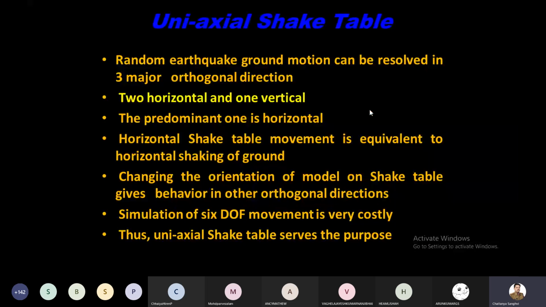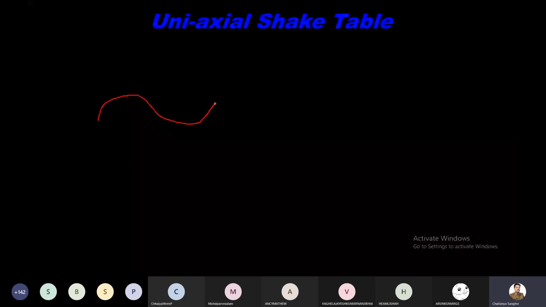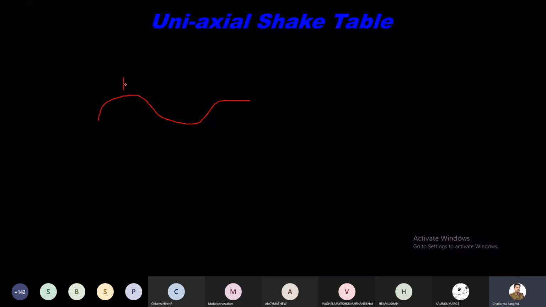As far as the earthquake wave is concerned, the earthquake wave is generally like this, and the wavelength of the earthquake wave is maybe 3 kilometers, something like this, right? This is the wavelength of earthquake seismic waves I'm talking about.